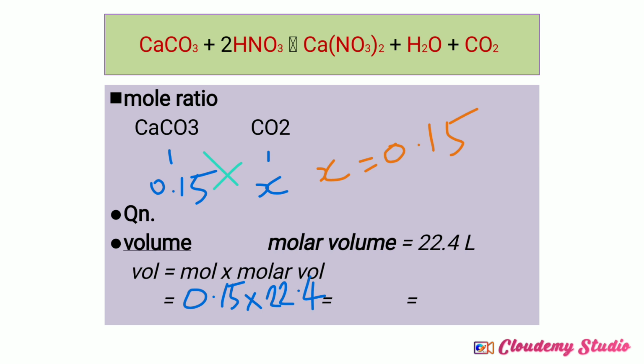So if we multiply 0.15 and 22.4, the result will be, what is that? 3.360.